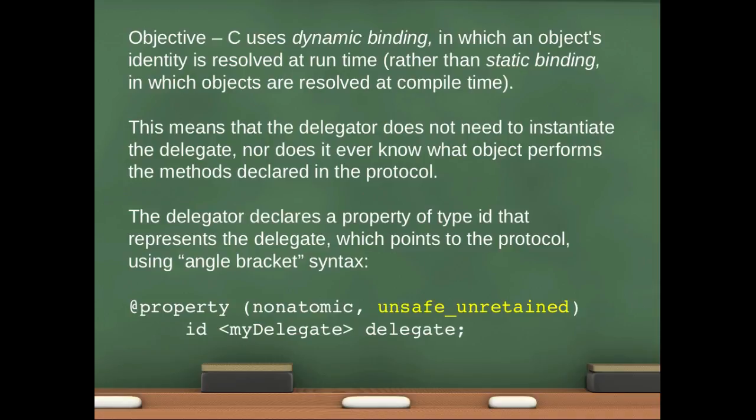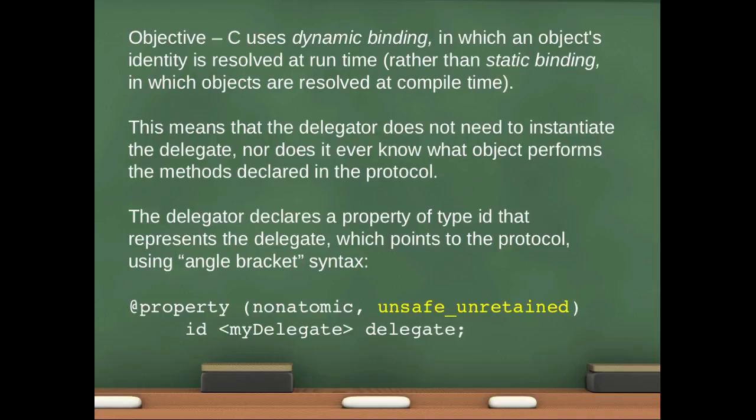So here's the property declaration for a delegate. It's nonatomic, and we're using unsafe_unretained, and we'll talk about this in the next slide. This is another storage qualifier or setter semantic. We have strong, we have weak, we have assign for C primitives.